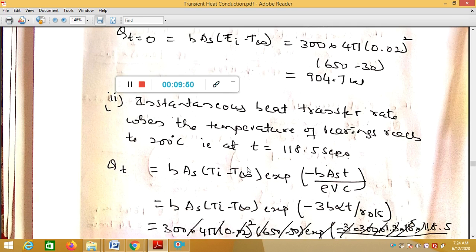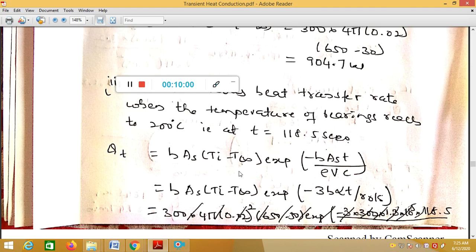Then again the same formula for the instantaneous heat transfer rate when the temperature of the bearings reaches 200 degree centigrade, that is at 118.5 seconds. Here Q instantaneous heat transfer is given by h As (Ti minus T infinity) exponential of minus h As t by rho V c.